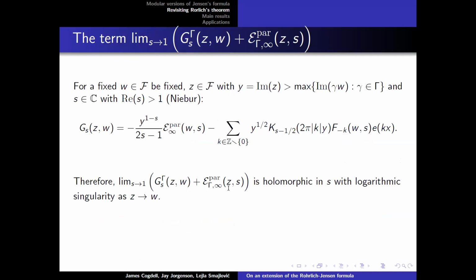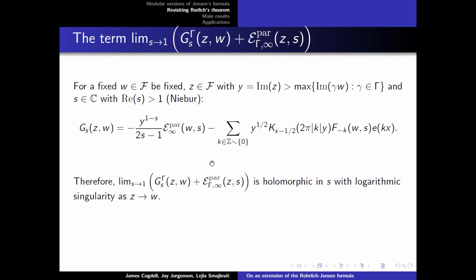So then what about the limit as s tends to 1 of this sum? Well, this limit is also a very nice function. It's holomorphic, actually, as s tends to 1. Why? Because the Green's function, as proved by Niebur, has the following Fourier expansion. It's given on the slide.